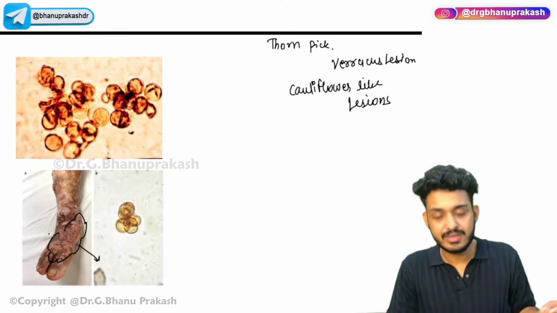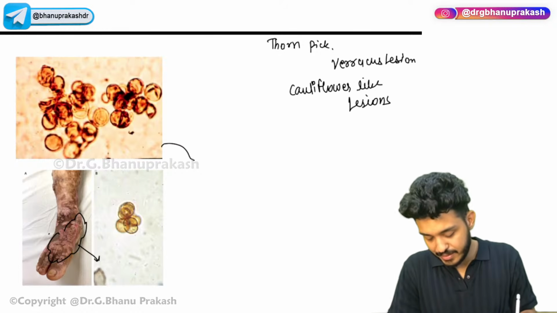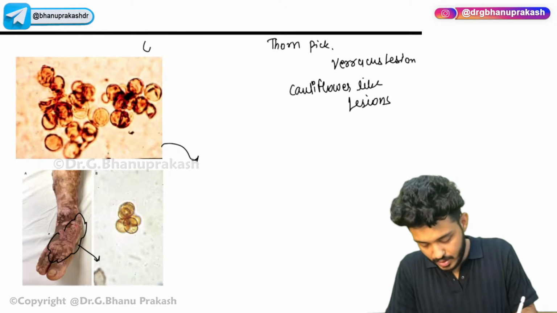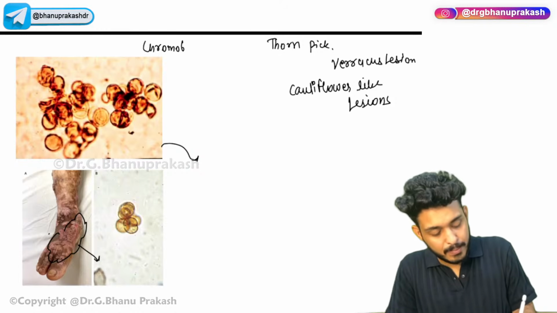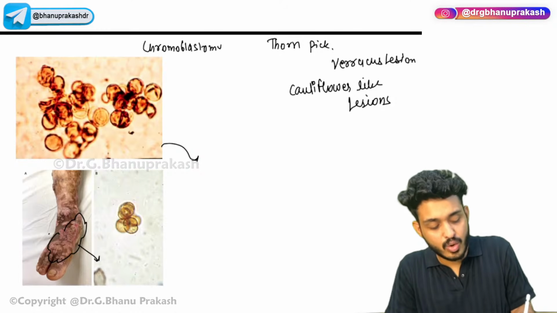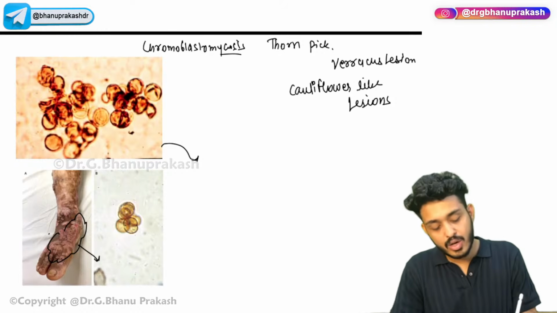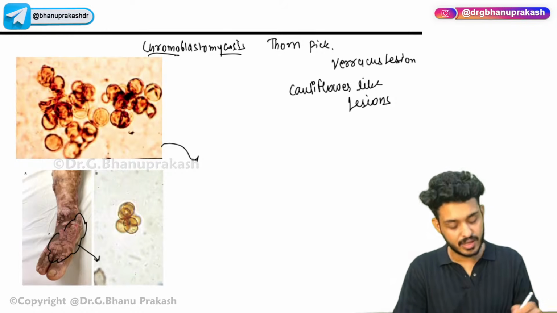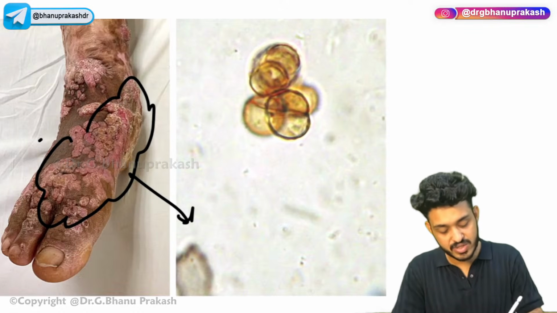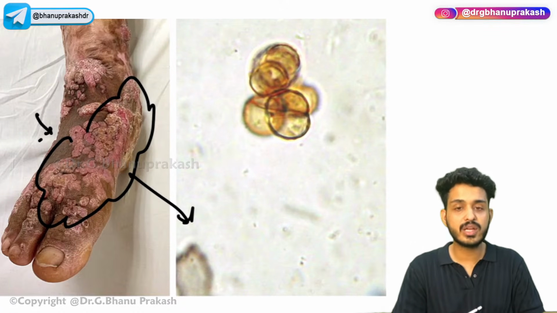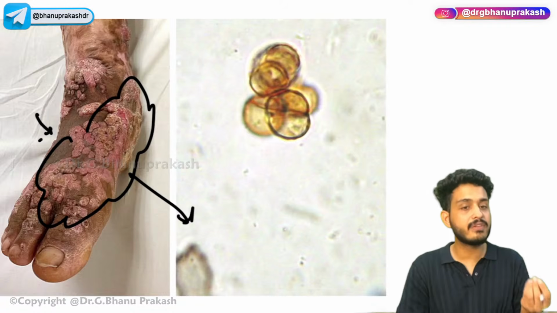Please remember, these are important named structures. That is your chromoblastomycosis. Mycosis means it is a fungal infection. Chromo means it will have different colors. This is a verrucous warty growth that you will see after a thorn prick.